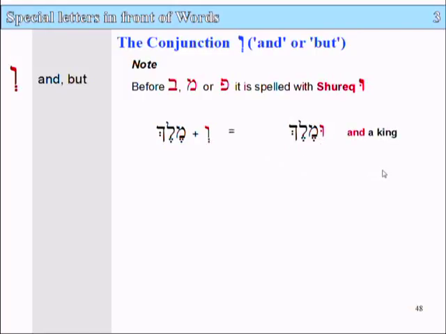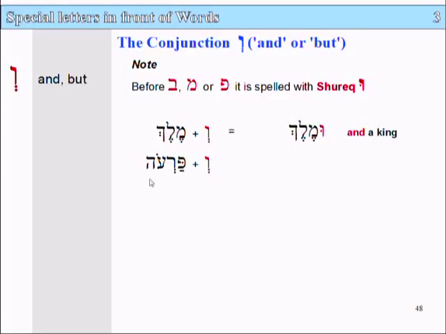Let's have a look at another example. So Malik changes to Umalik, and a king. King goes to and a king. Paro, Pharaoh.